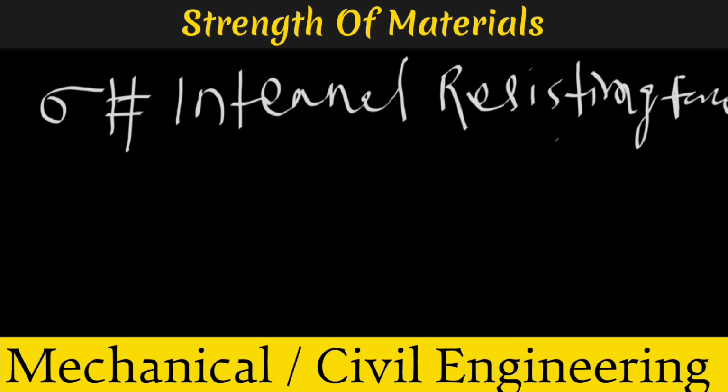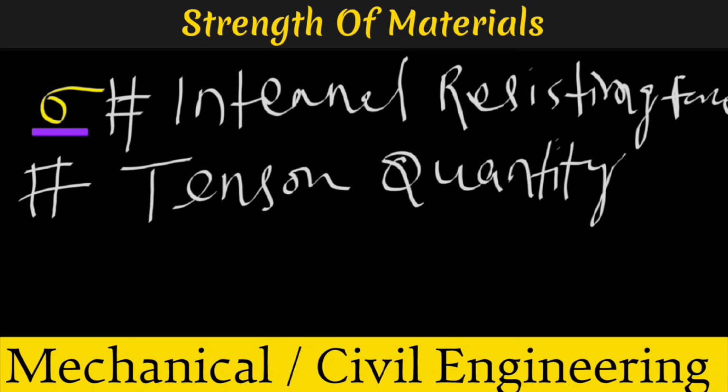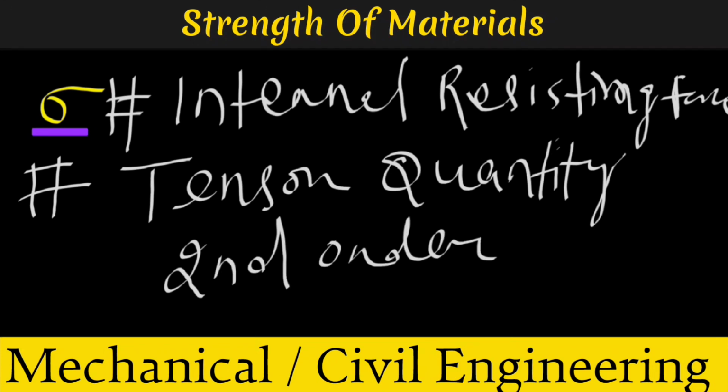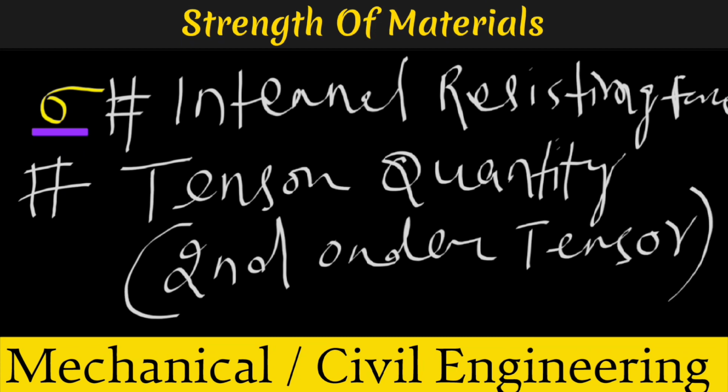Next, the stress sigma, the second point: it is a tensor quantity, or we can say the tensor quantity is also known as second order tensor. Remember, this is asked in short questions always in different competitive exams.